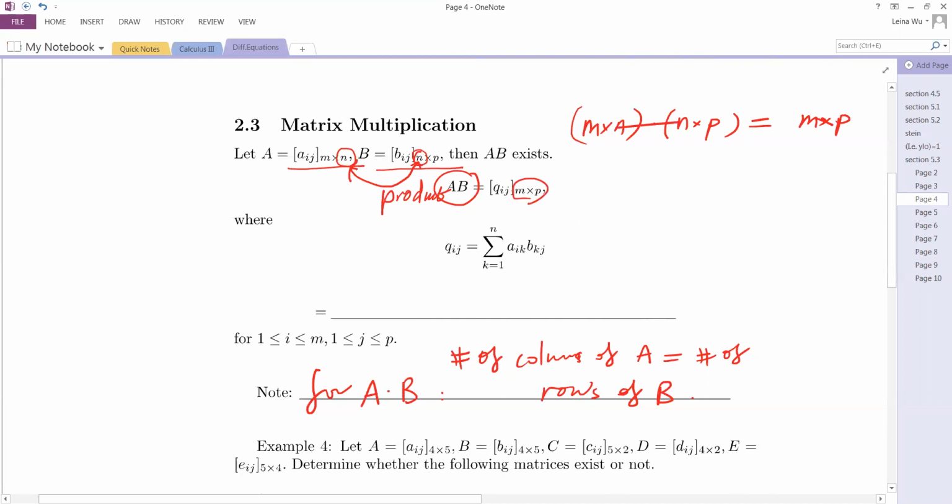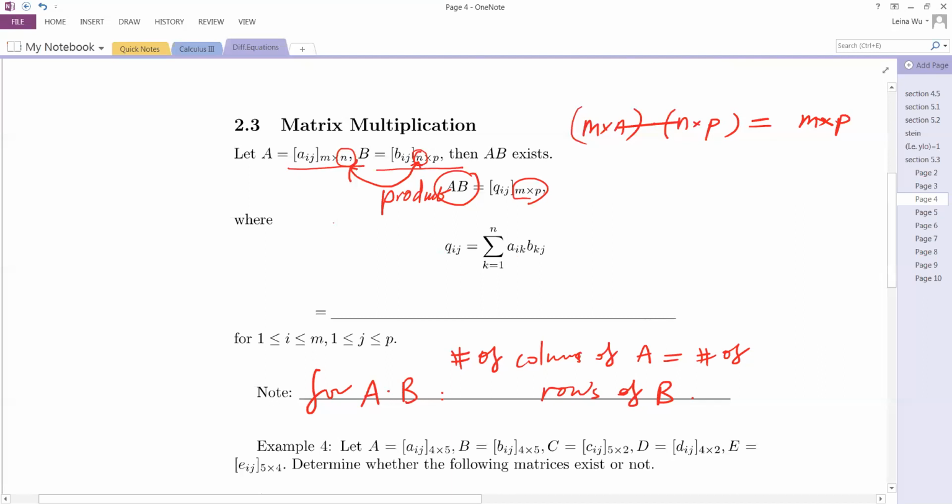And how do we actually do the calculation of those entries? You guys still recall? First row of A multiplied by first column of B to get Q11. Yeah, Q11, and then first row multiplied by second column, Q12, right?